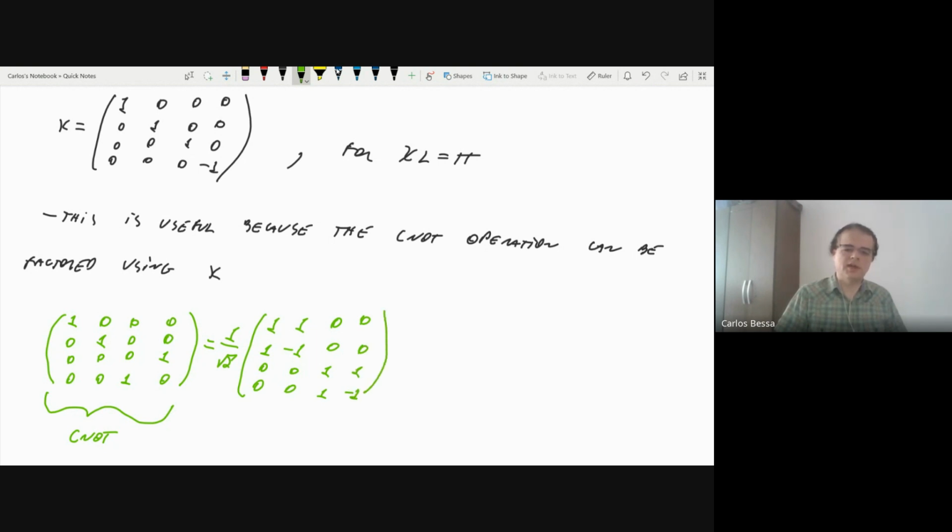We can multiply this matrix for this matrix: 1, 0, 0, 0, 0, 1, 0, 0, 0, 0, 1, 0, 0, 0, 0, minus 1. This is my K matrix.